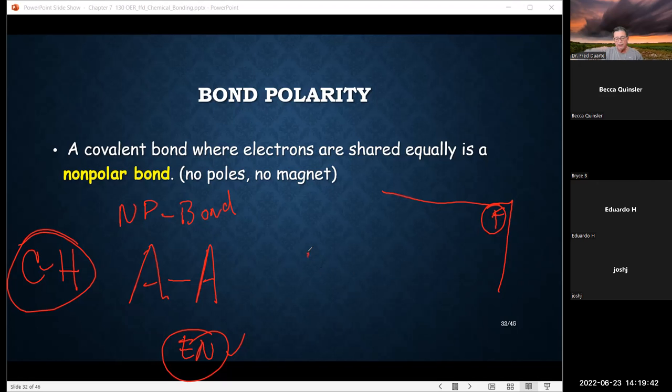Whenever we have A, and it doesn't make a difference who it's bonded to, but it's not an A, it's a B, we have a polar bond. Straightforward. Don't have to go any further. The only exception is the carbon-hydrogen. Two different atoms, but their electronegativity is basically the same, so we consider that as non-polar.